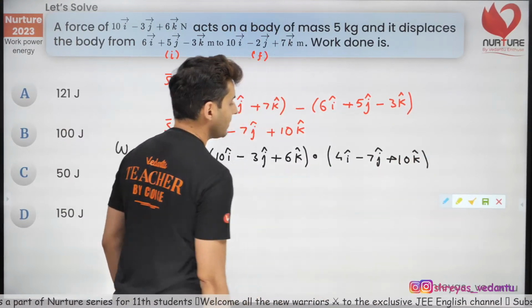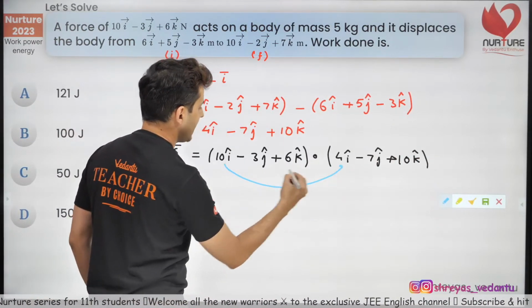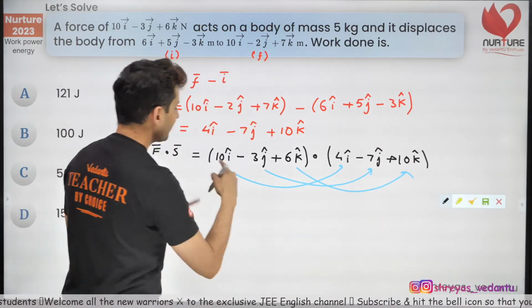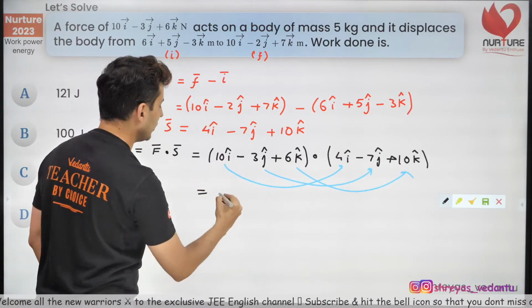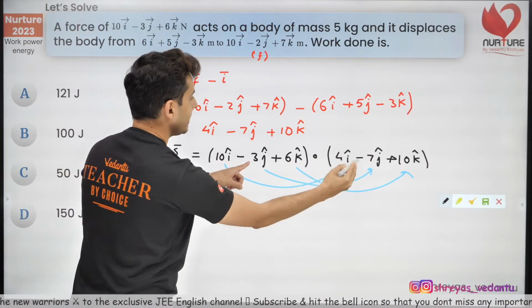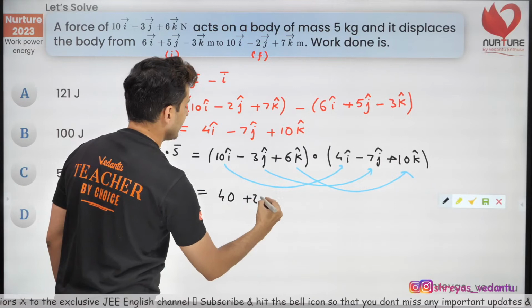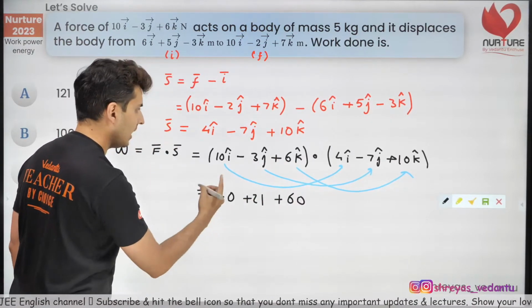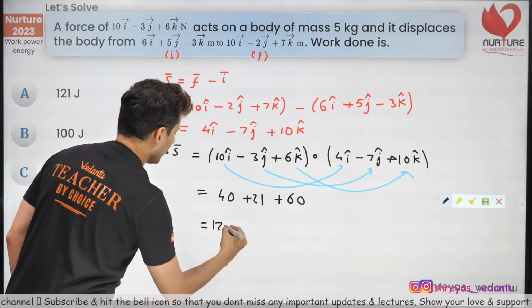We all know the simple rule: i goes with i, j goes with j, k goes with k for dot products. So it will be 10 into 4, which is 40, minus 3 into minus 7, which is plus 21, and 6 into 10, which is 60. 60 plus 40 is 100, 100 plus 21 is 121 joules.